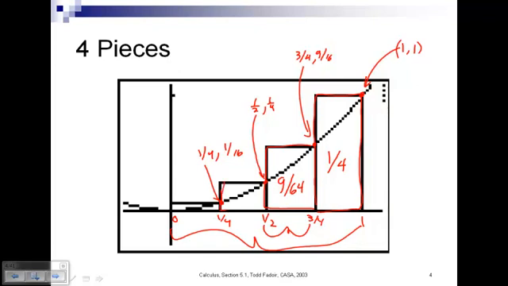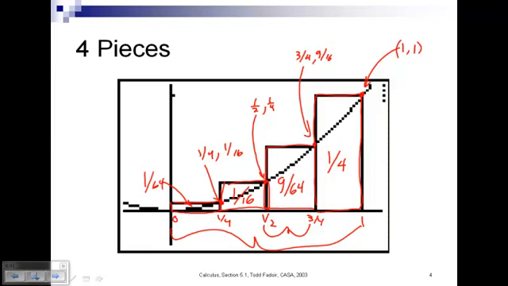How about this rectangle here? It's 1/4 wide and it's 1/4 tall, 1/16. And then this little rectangle right there. Can't even write the answer in, it's so small. It's 1/4 wide and it's 1/16 tall, 1/64.